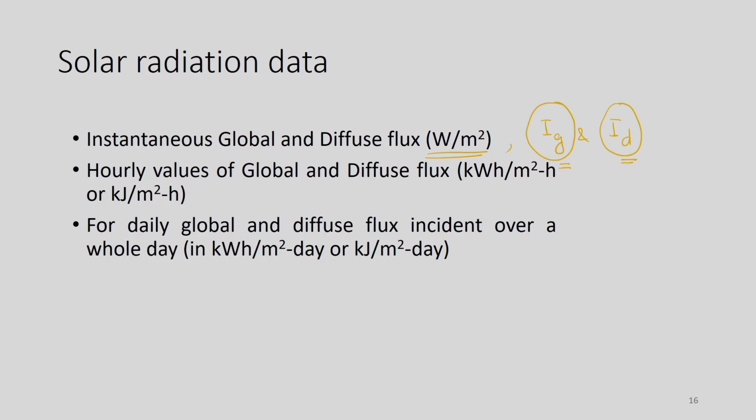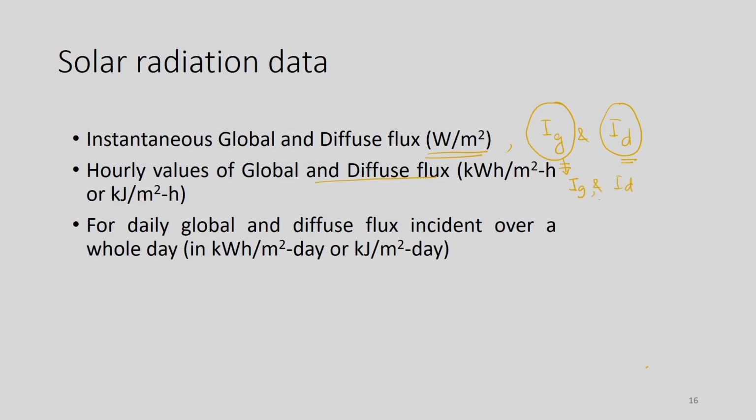It is assumed that in 1 hour this radiation is not varying much, so we can use the same terminology for representing hourly values of global and diffuse flux. These expressions hold good for both instantaneous global and diffuse flux as well as hourly values of global and diffuse flux.